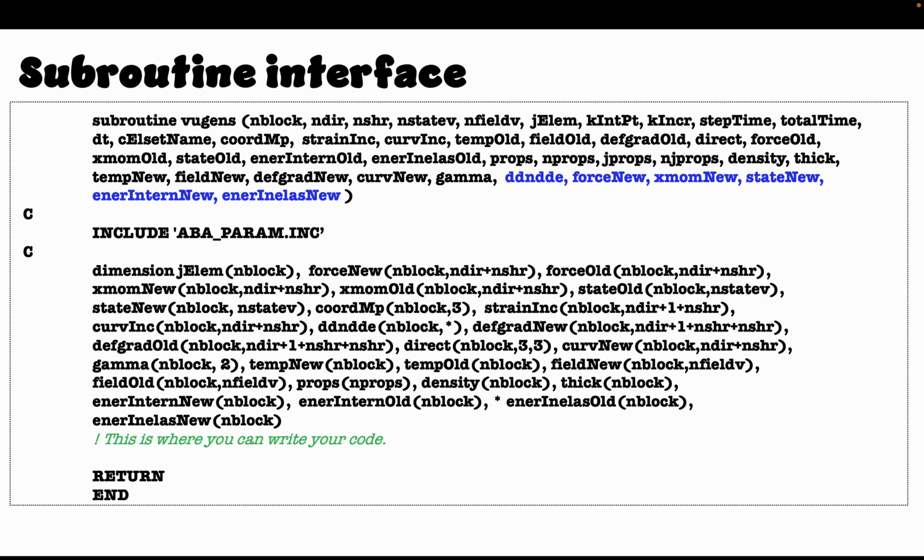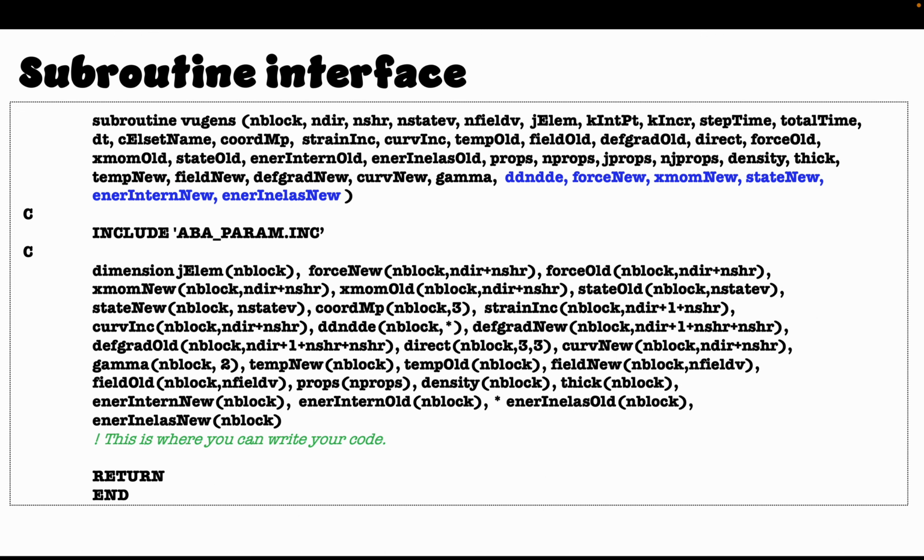The interface of the VUGENS subroutine is like this, but here we have time and some other parameters. We need to define these blue font variables that I wrote, dd and de, which is the gradient of the force resultant with respect to the strain.